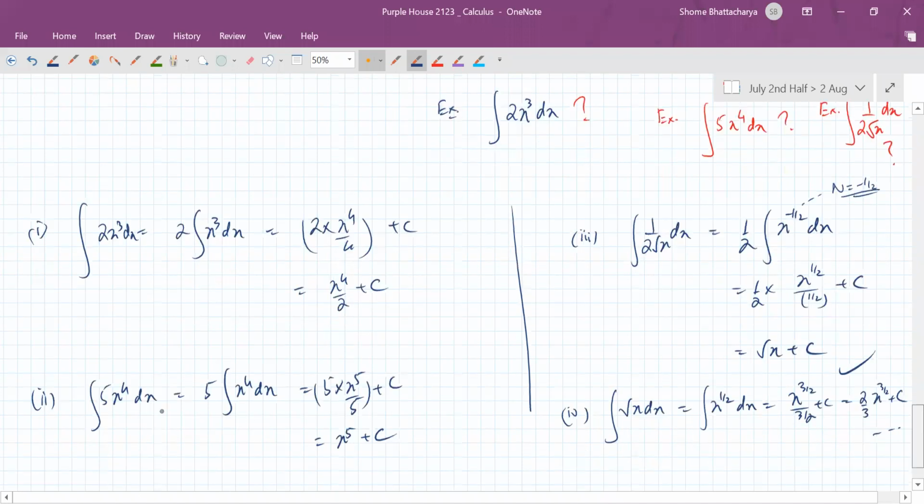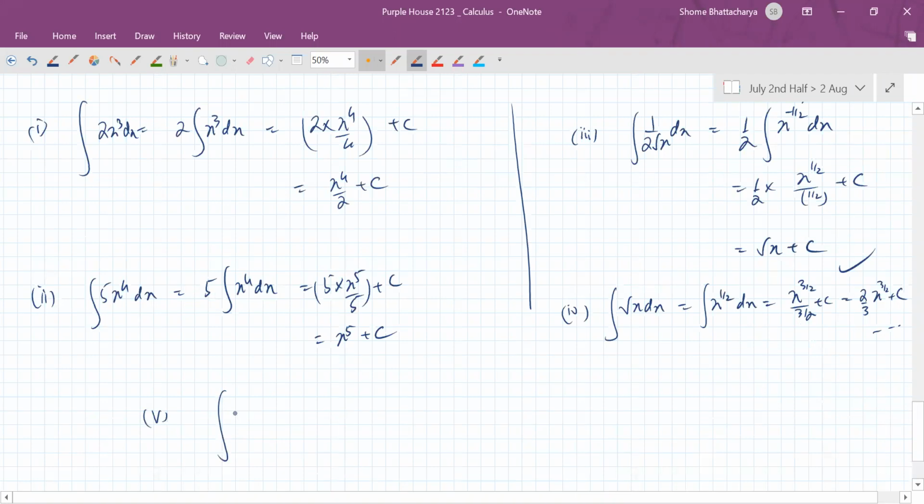Okay, now sometimes you can also have a question which is just given like this, like suppose I have 5x squared divided by root x. So you have to simplify this a little bit before you integrate. So just work this out also.